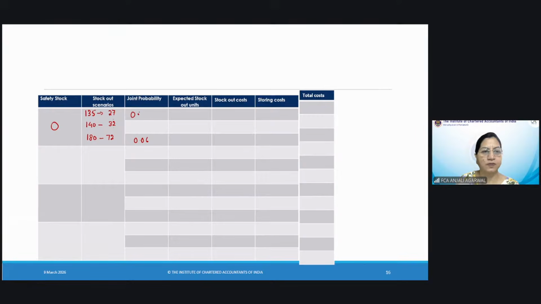So the joint probability of the scenario of 135 is 0.18.